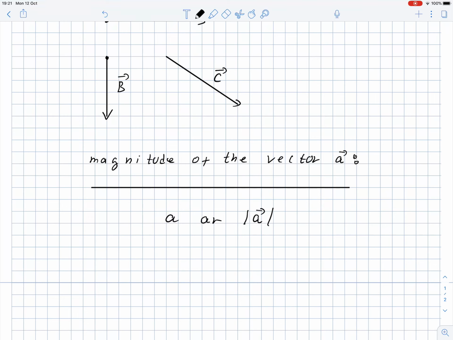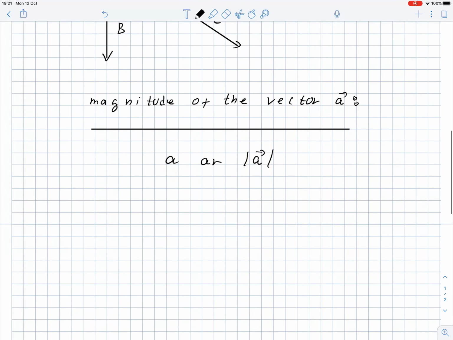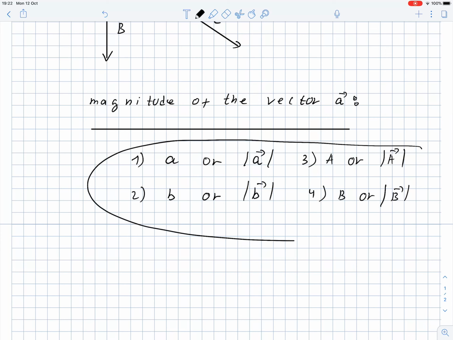This is the same symbol for the magnitude of a vector A. Or the second example, B, or like this. Third example, without the arrow, or this. This is how you denote the magnitude of vectors A and B.